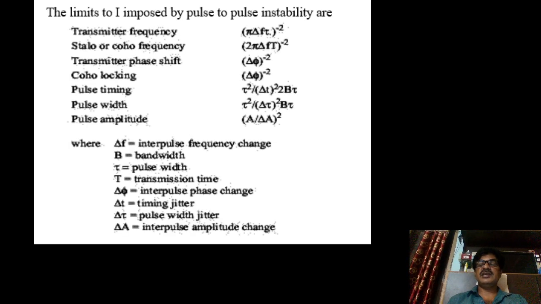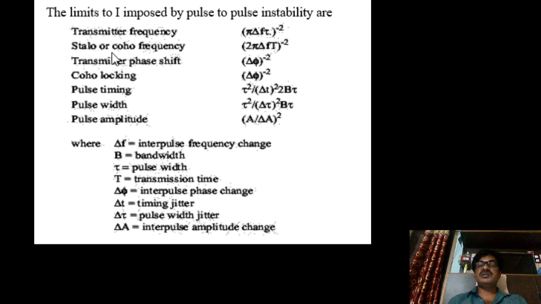Also see how this improvement factor can be related to different parameters like transmitter frequency. It is inversely proportional to transmitter frequency: I equals 1 divided by (pi delta f tau) whole squared.